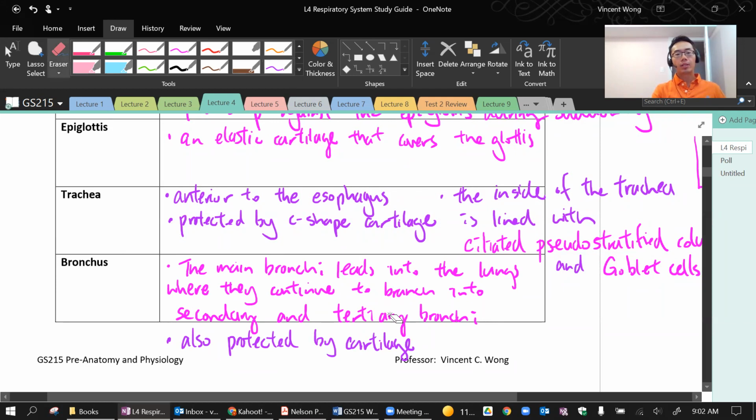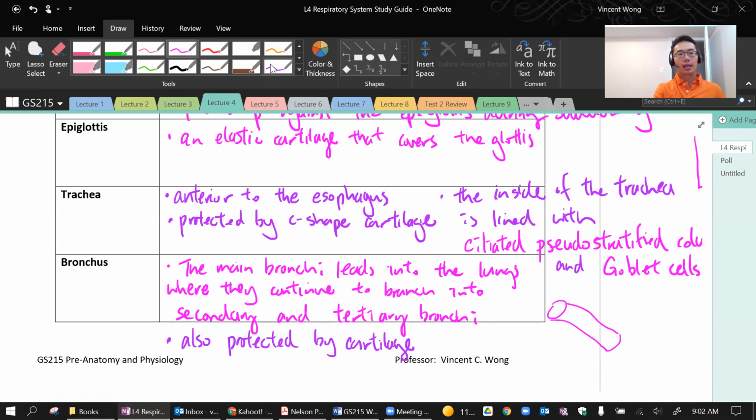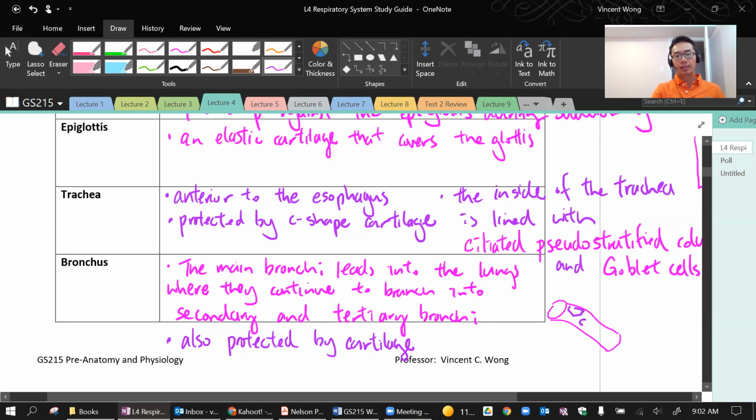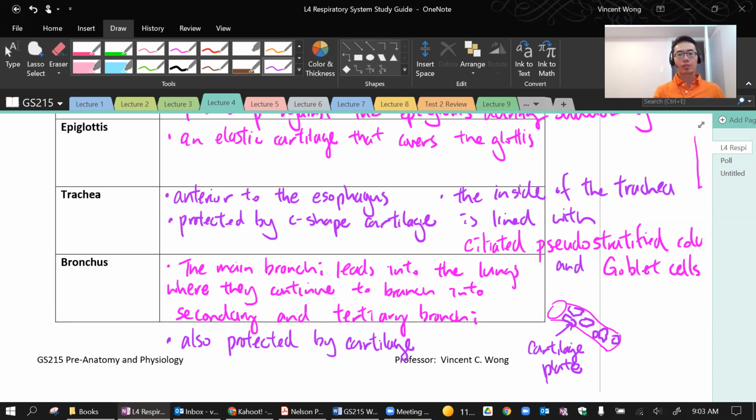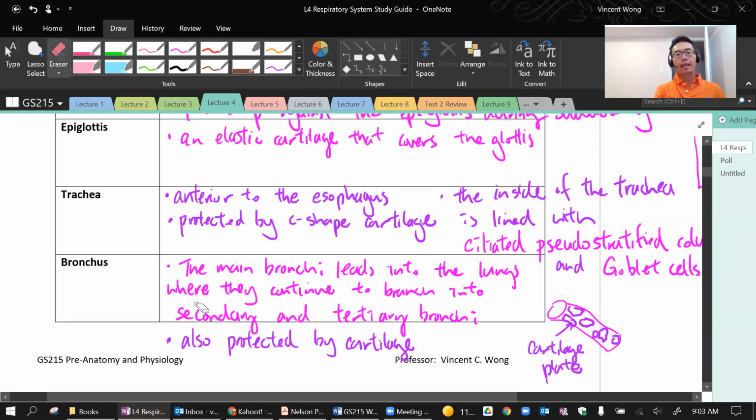When you get to the tertiary bronchi, they are quite small, so instead of full rings, they have cartilage plates. They are little fragments of cartilage that go around the tube, because having a full ring would be too restrictive. Just having little plates provides support but does not overburden the structure. So the plates exist on the tertiary bronchi, and the main and secondary have the full rings.